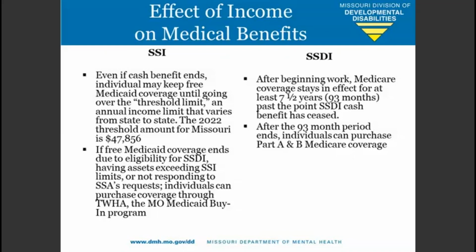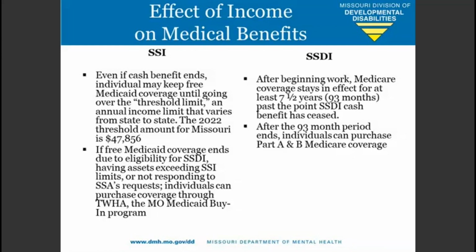So that's the thing that we really want to make sure people are aware of, that they do not have to choose between Medicaid and work. If their earnings are too high for SSI, but they're not over that $47,856, then there's a very good chance that they may qualify for that continued Medicaid coverage at no extra cost to them.